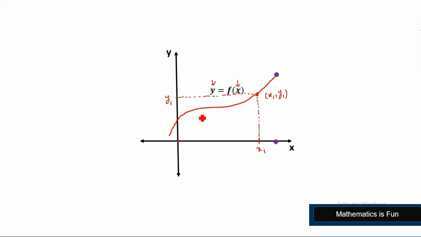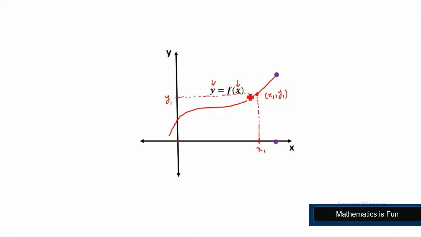So this curve is basically made up of infinite such points with two coordinates, x coordinates and y coordinates. Here x coordinates belong to input values and y coordinates belong to output values.